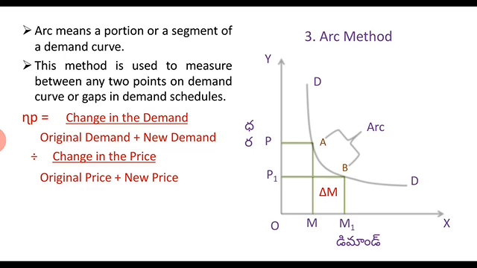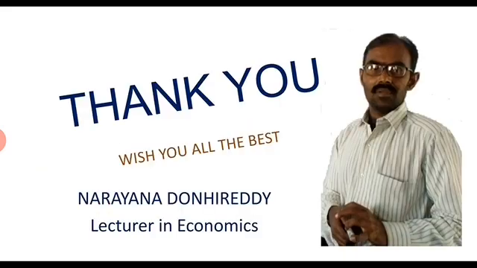Here change in demand is equal to delta M, change in price is equal to delta P. So eta P is equal to delta M by M plus M1 divided by delta P by P plus P1. These are the methods to measure the elasticity of demand.